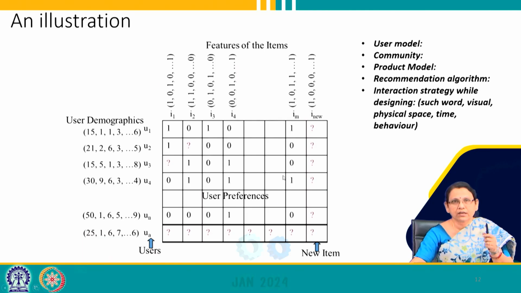So, this is what I already said. Using the user demographic, probably we can make one user model. Similarly, using the similarity among these users, we can make one user model from this community. These are the product features, we can make a product model out of it.